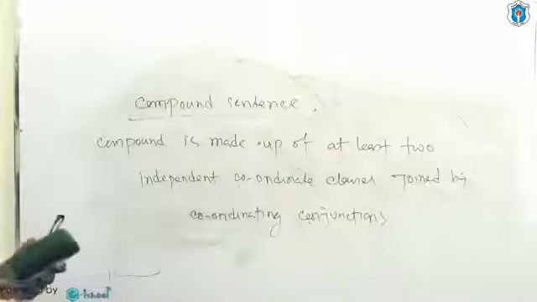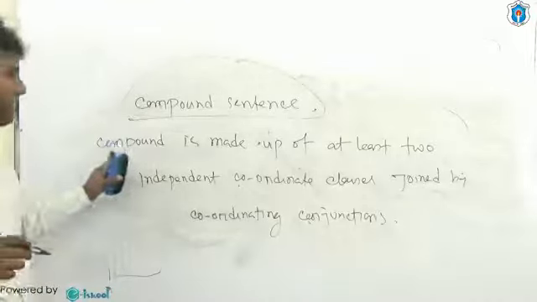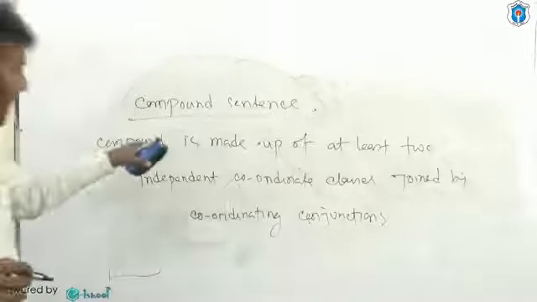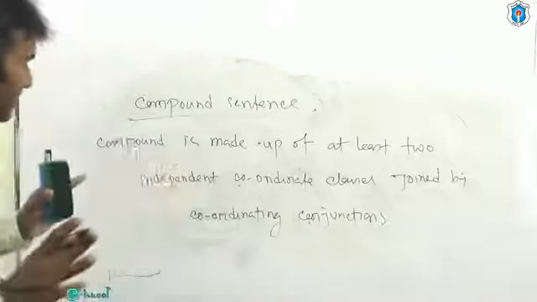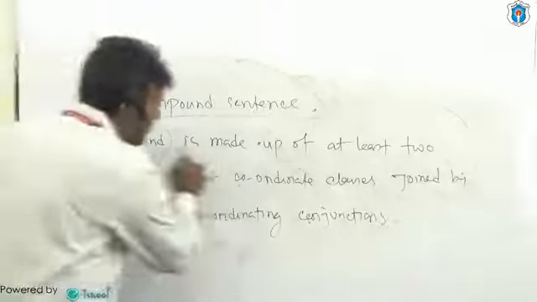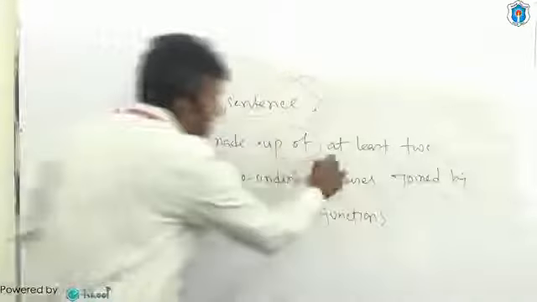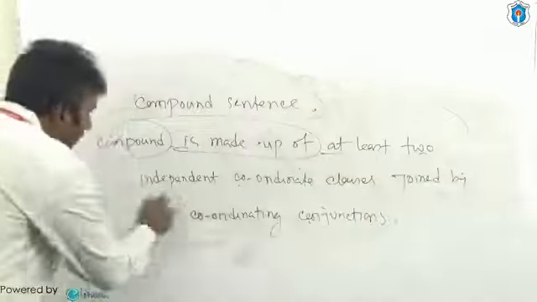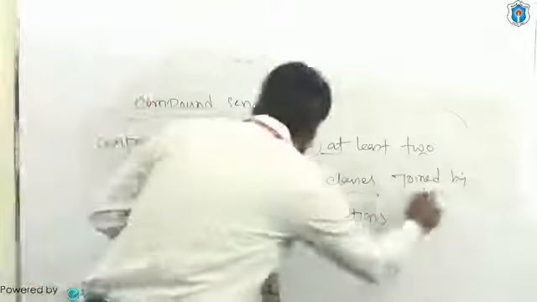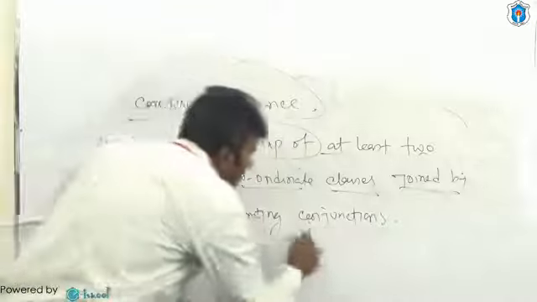Look at this, students. We have given the definition of compound sentence, and in the sentence we have got some messages about compound sentence. Compound sentence is made up of at least two independent coordinate clauses joined by coordinating conjunctions.